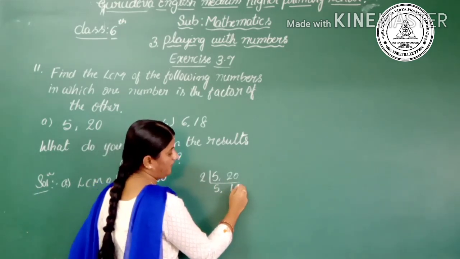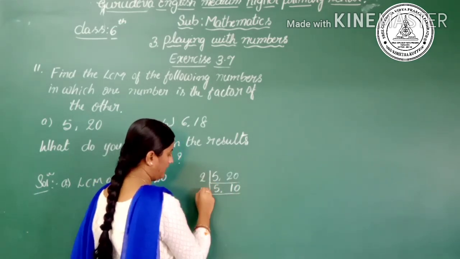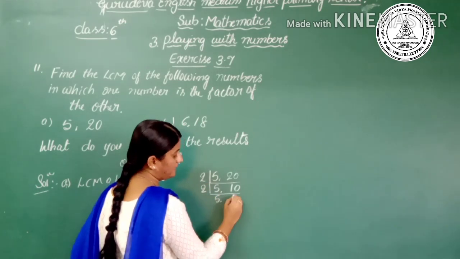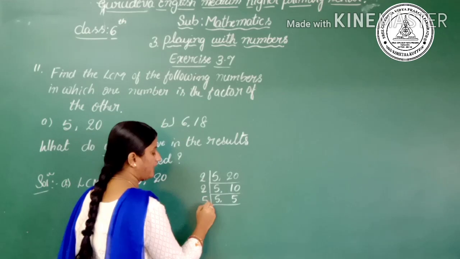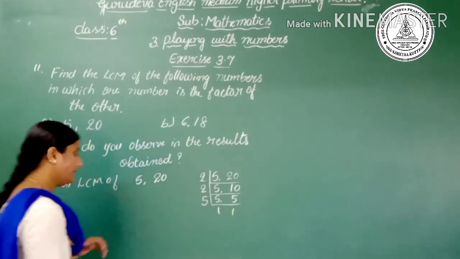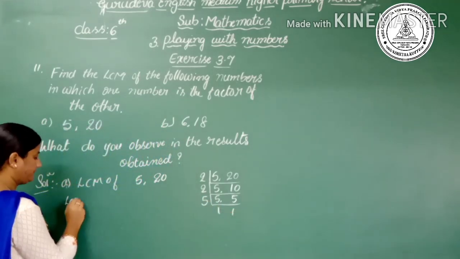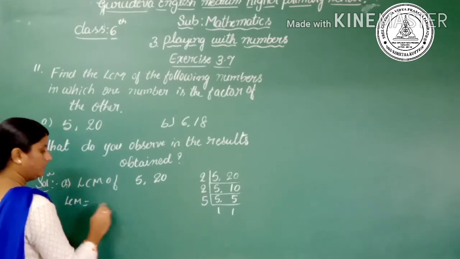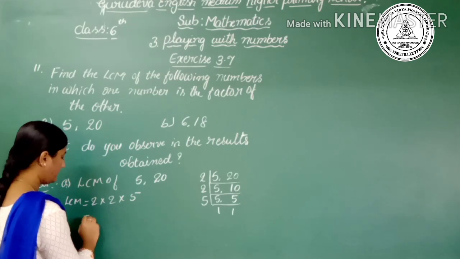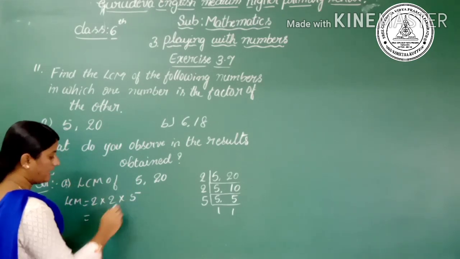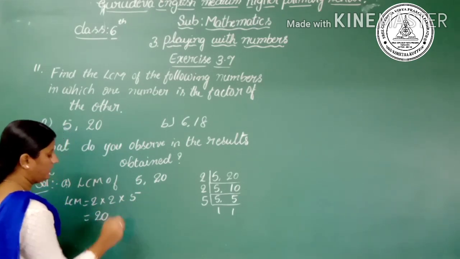Then 2 tens are 20. Then again 2, 5 as it is. 2 fives are 10. Okay, then it is divisible by 5. 5 ones are 5, 1 is 1. Therefore LCM is equal to 2 into 2 into 5, which is equal to 2 twos are 4, 4 fives are 20.